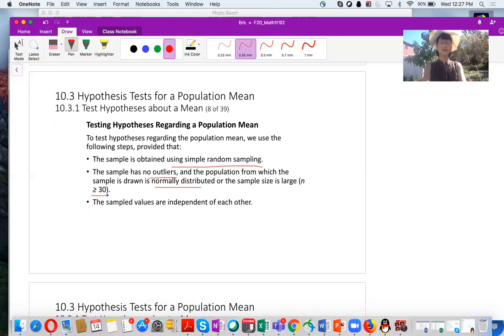When the sample size is greater than 30, we say that is a large sample size. Sample values are independent of each other. So those are the roadmap for conducting a hypothesis test for a population mean.